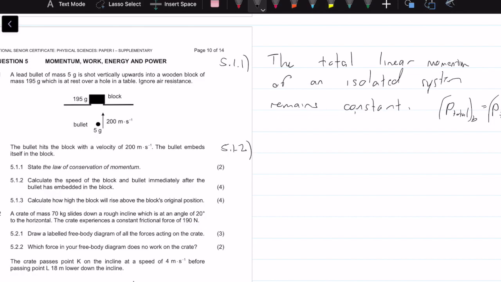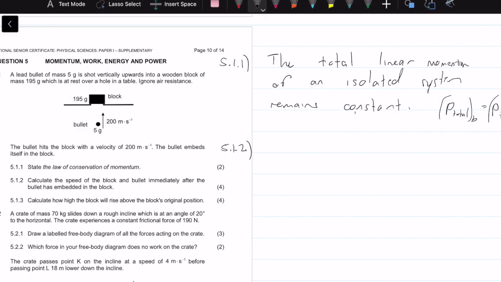5.1.2, calculate the speed of the block and the bullet immediately after the bullet has embedded in the block. Basically we need the momentum before. Before, there are two systems, the block and the bullet, and after there's only one system, the block and the bullet embedded together. Also remember, our masses are in grams here, where they need to be in kilograms.